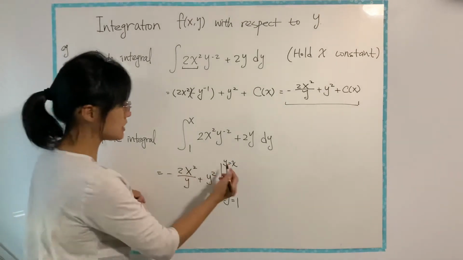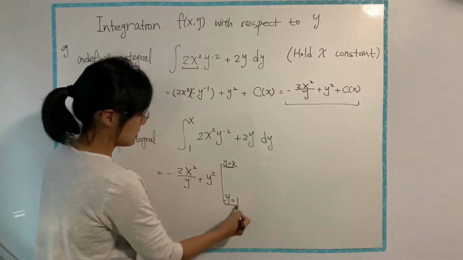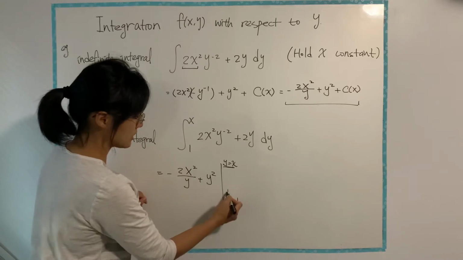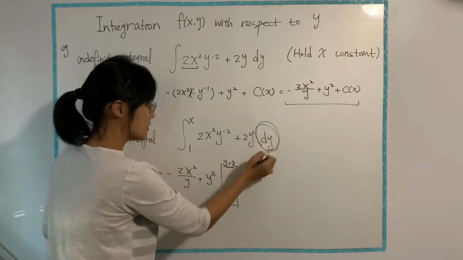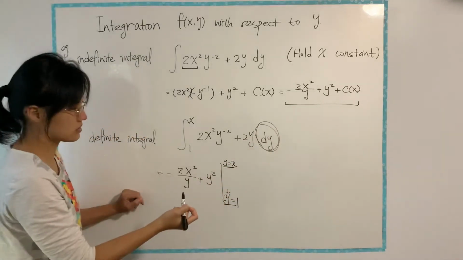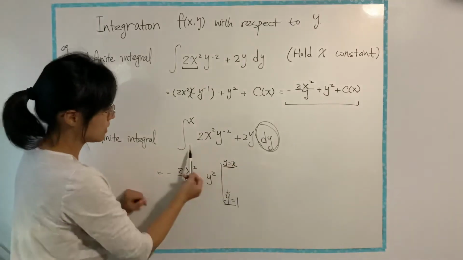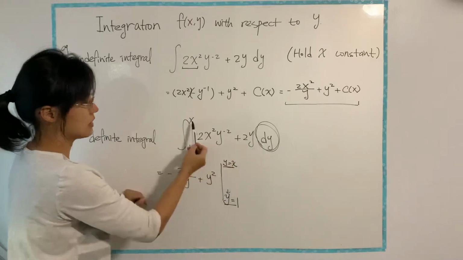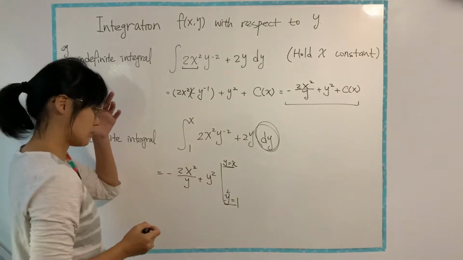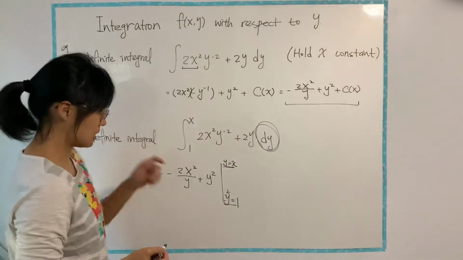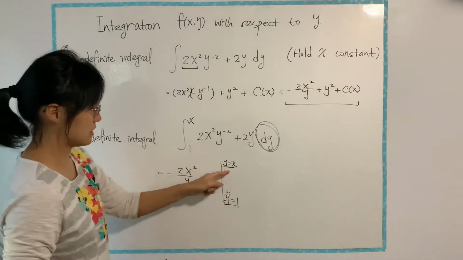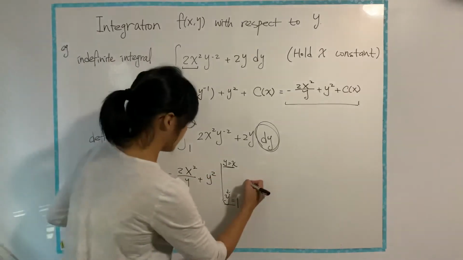You can see which variable you're putting in here from the variable you're integrating with respect to. Okay, so the lower bound is when y equal to 1, the upper bound is when y equal to x. You read it this way. Okay, now you know which variable you're gonna plug in.